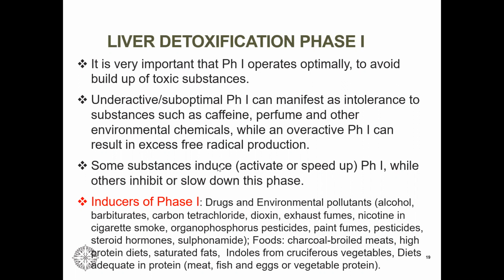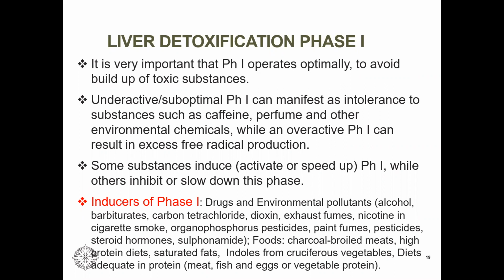Now, why is this important? Because it will connect to what Kathleen was saying, that if there is overexposure of anything, then there may be an overactive phase 1. So we are pushing it to its limit and it is going ahead of phase 2. Phase 2 is not able to manage all the load that is coming its way.